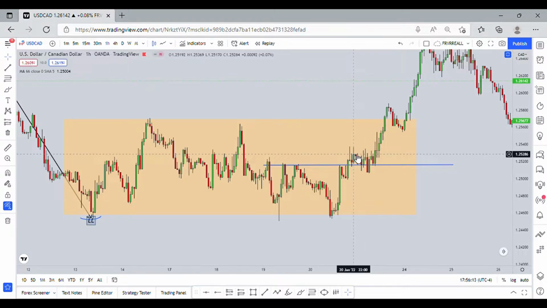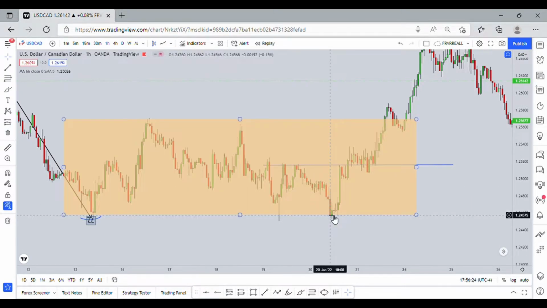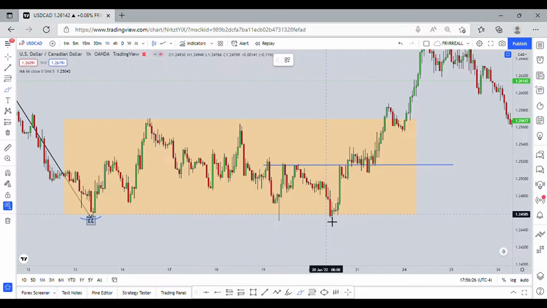Higher highs and higher lows. And then when it makes the retracement, it forms what? A higher low, because it's higher than the previous low. If you compare this low and this low, this one is higher, so we call it a higher low.